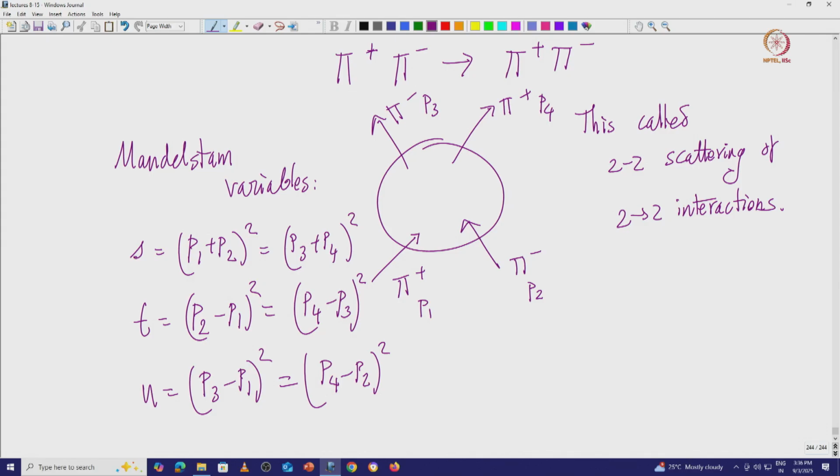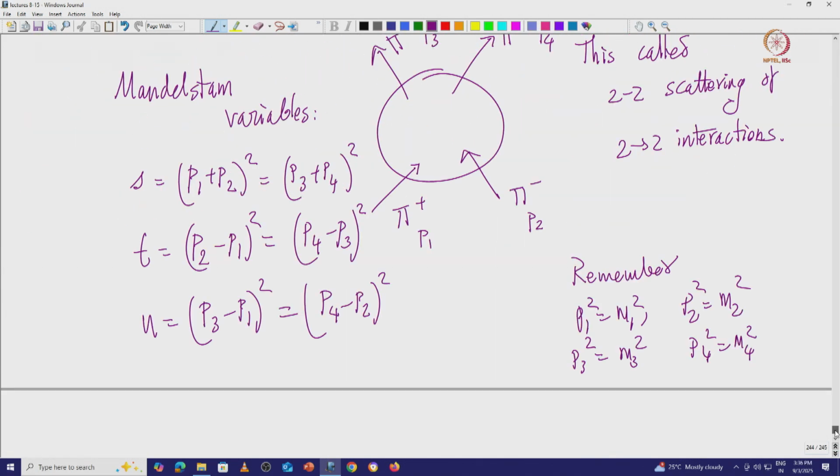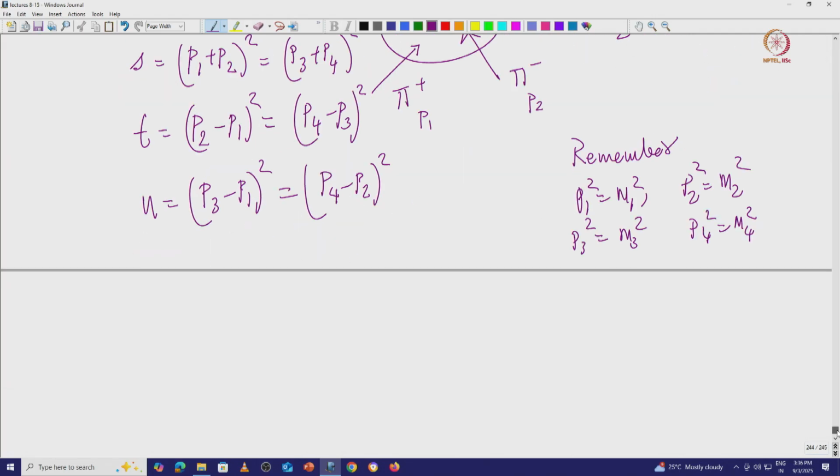If all the masses are the same, you can show that S plus T plus U is equal to 4m square.